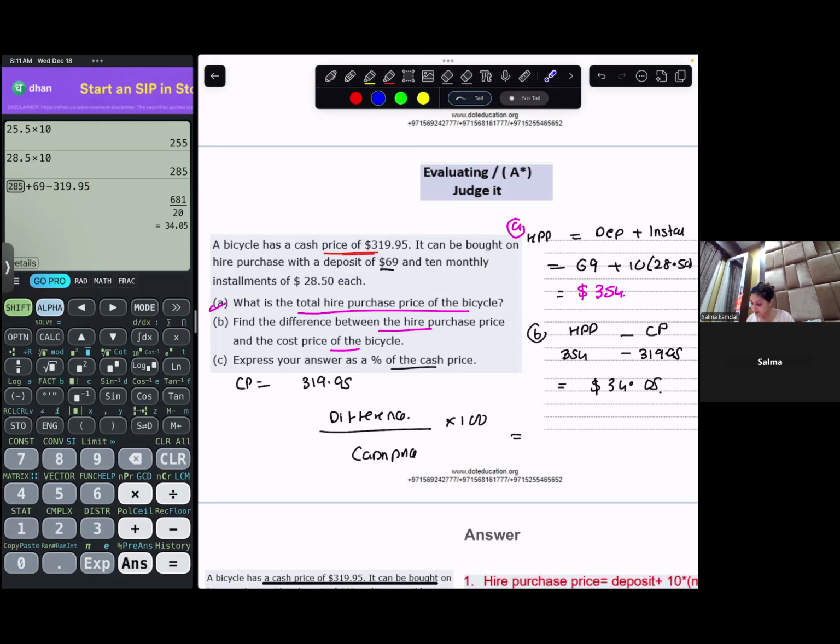So if I say difference as a percentage of cash price, the difference would be on the top, cash price would be down. So 34.05 divided by 319.95 into 100.